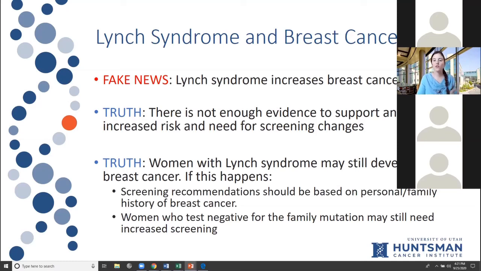But conclusively, there is currently not enough evidence to support an increased risk for breast cancer with Lynch syndrome, despite whatever mixed messages you might have gotten. However, if someone with Lynch syndrome has a family history of breast cancer, they probably don't have general population risk for breast cancer and might need to be followed based on that family history, possibly with increased screening.